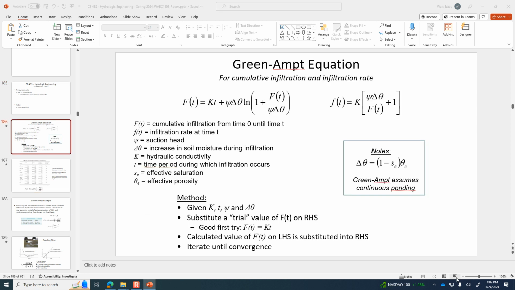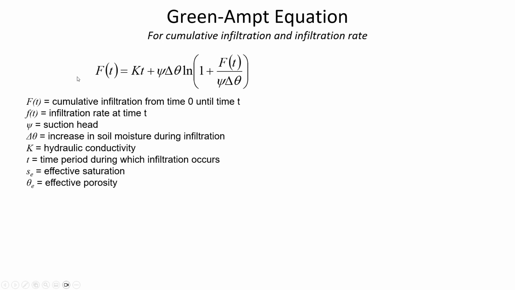So this is the Green-Ampt equation. We can write the Green-Ampt equation in terms of calculating the cumulative infiltration depth from time 0 to some time in question. Let's call it time t. And that's what's written here. If you look at what the infiltration rate is dependent on, it's dependent on hydraulic conductivity.